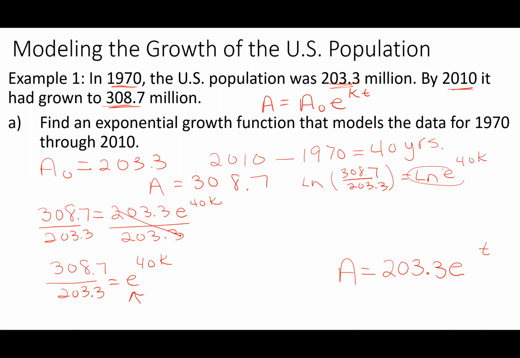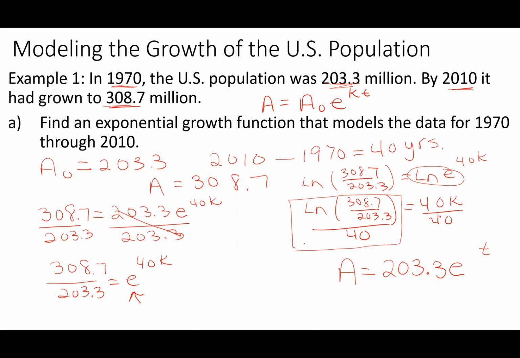But remember, these cancel. So now I have the natural log of 308.7 over 203.3 equals 40K. Dividing by 40, I will get K.